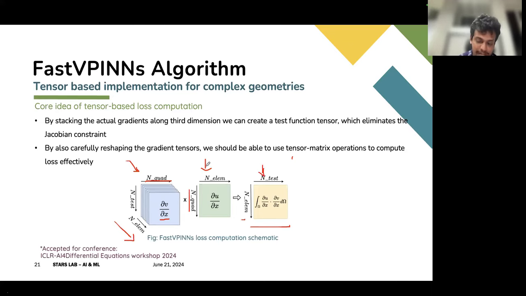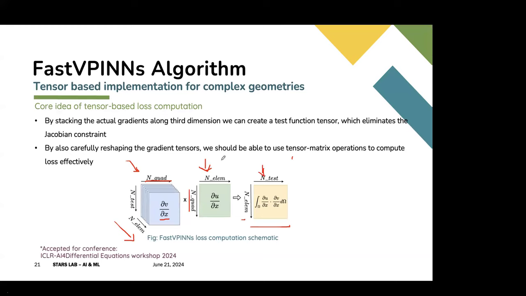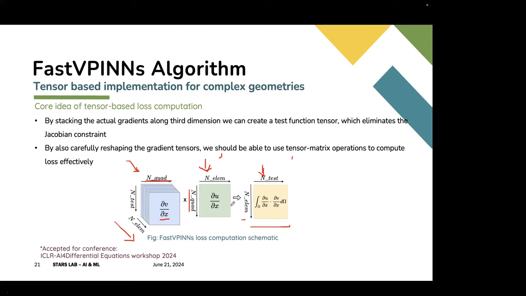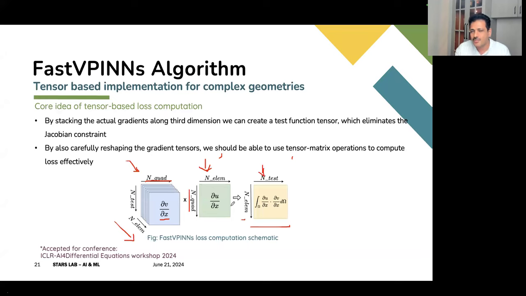So you also have a corresponding Jacobian matrix here, which will also be multiplied with your gradient. This holds unless you are going into moving meshes or deforming meshes. If you are solving a free boundary value problem, then the Jacobian changes, and we need to come up with some other implementation.